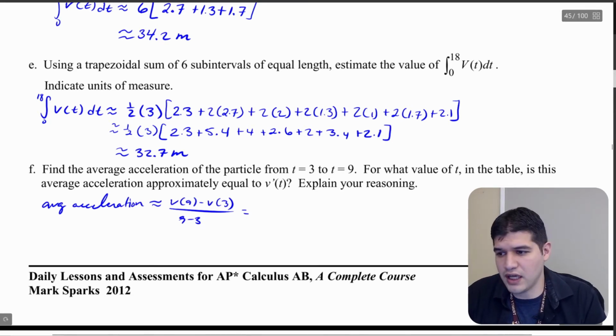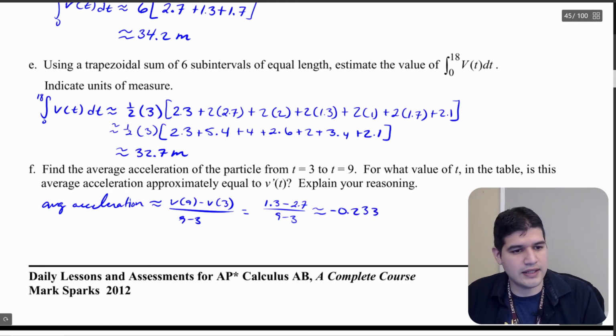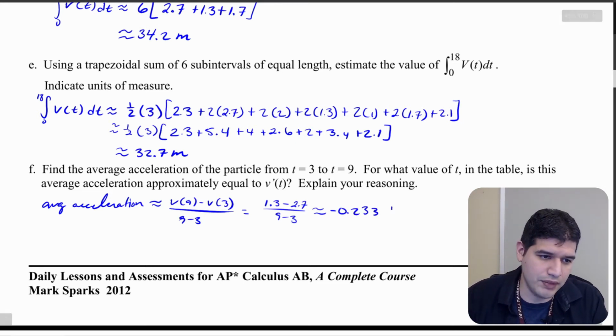So v of 9 is 1.3 minus v of 3, which is about 2.7, over 9 minus 3. And this one I'm just going to plug into my calculator. I get negative 0.233. And since this is acceleration, this is meters per second squared.